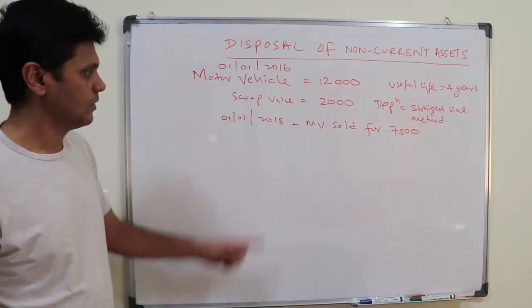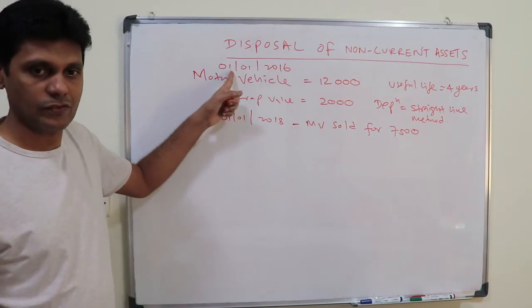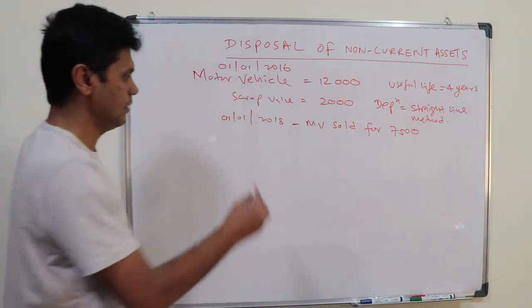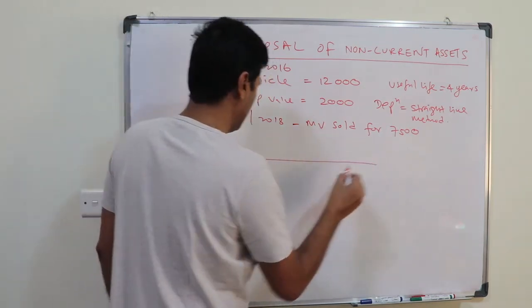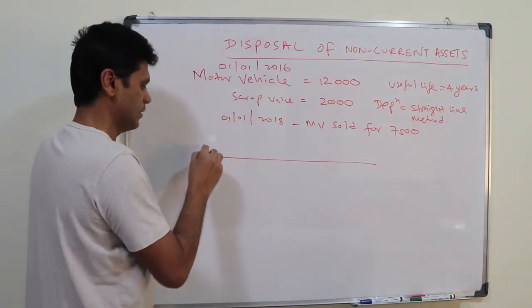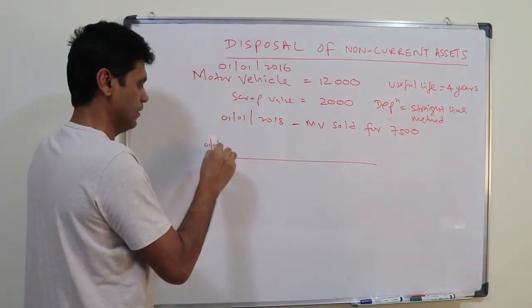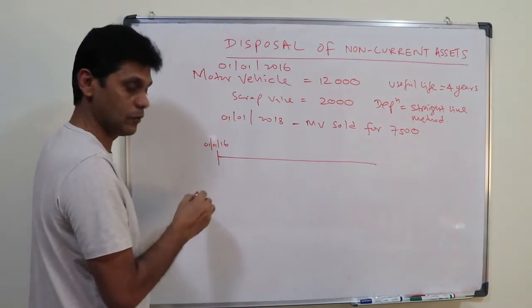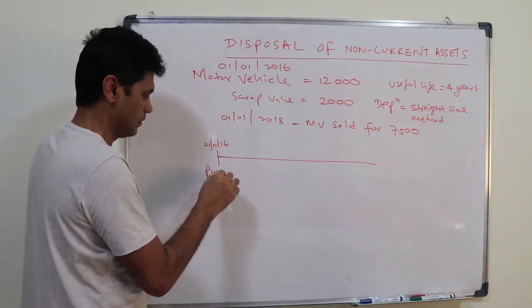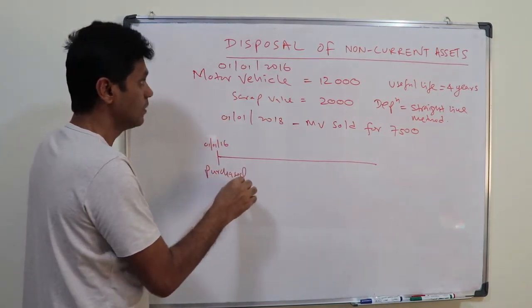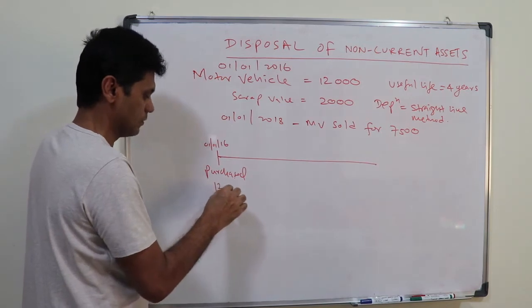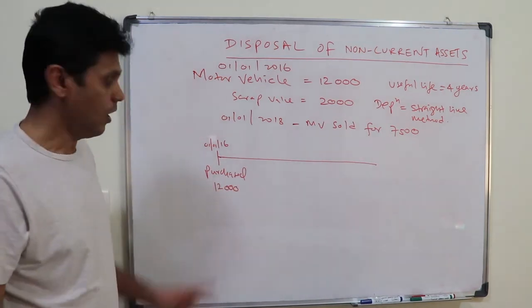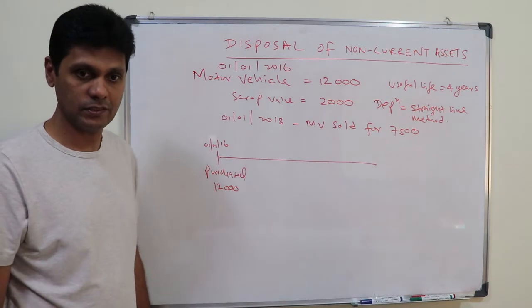You understand? You purchased on 1st January 2016 for 12,000. How many years can you use this?